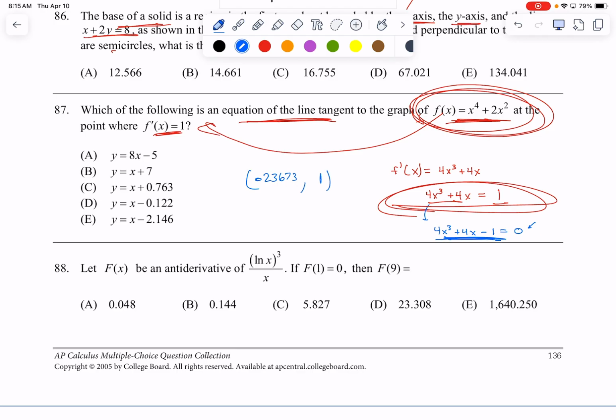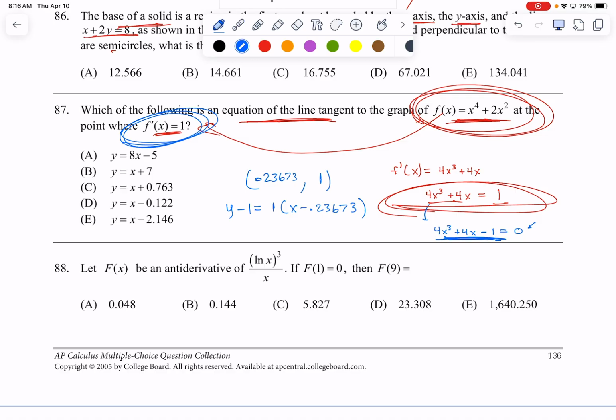Now I just need point slope form to find the equation. So y minus 1 equals, what was my slope of my tangent line? 1, sorry. 1 times x minus 0.23673.